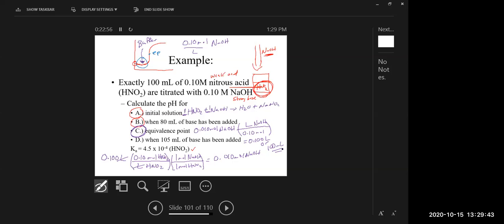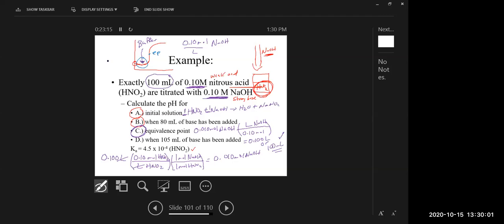But there are other ways you can figure it out really quickly. So again, as I mentioned earlier, it's a one-to-one relationship. So the concentrations of the acid and the base are the same, which means if I put in 100 milliliters, I need 100 milliliters to get there.